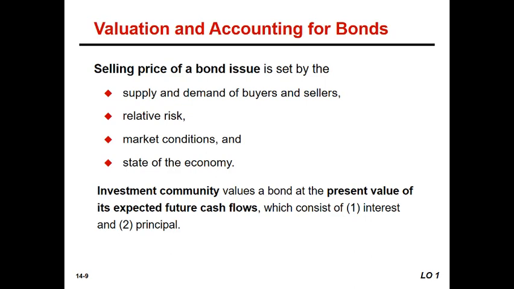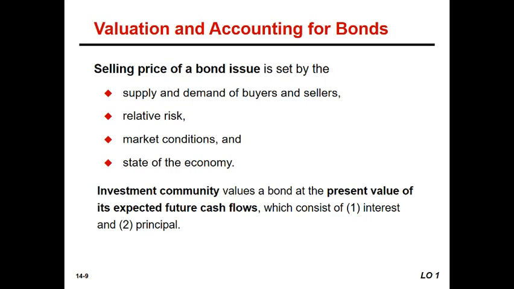So that is one factor relative to risk. Another is the rating of the company itself. That's going to be a risk element that's going to impact the selling price of the bonds. Current general market conditions, such as interest rates for similar investments, and the overall state of the economy, which is what has a big impact on our market conditions.